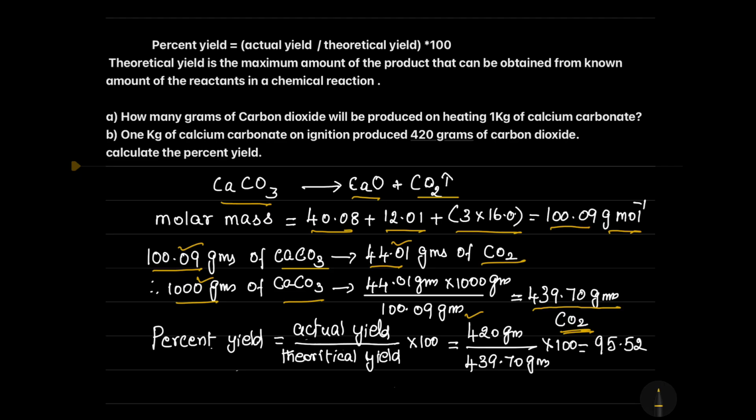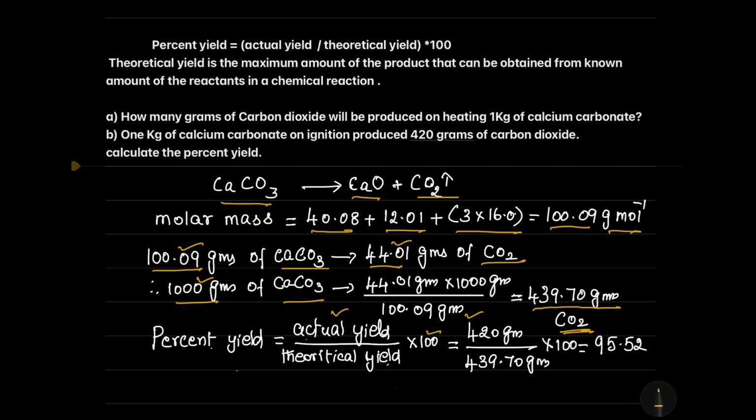But part B of the problem says that 1 kilogram of calcium carbonate on ignition, or heating to high temperature, produced only 420 grams of carbon dioxide. That means this is the actual yield. Percent yield is nothing but actual yield divided by theoretical yield into 100.